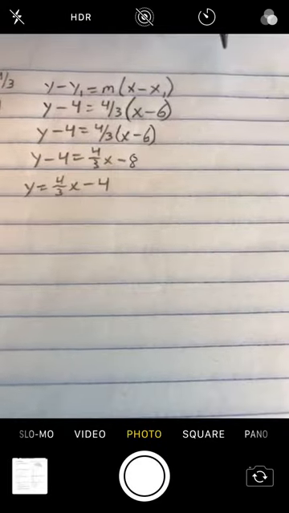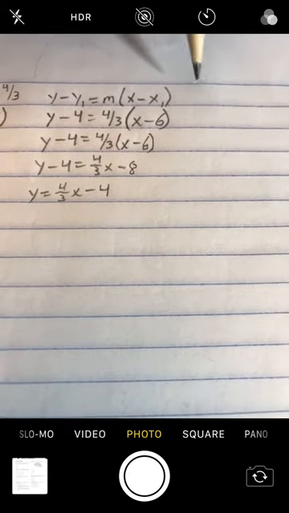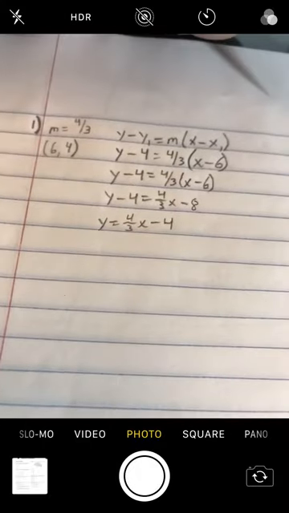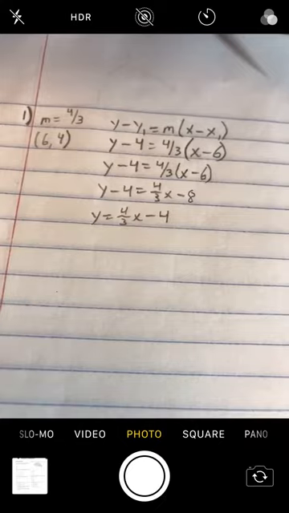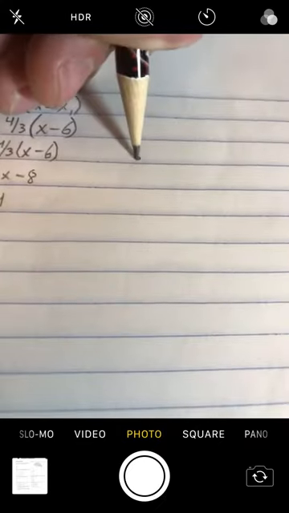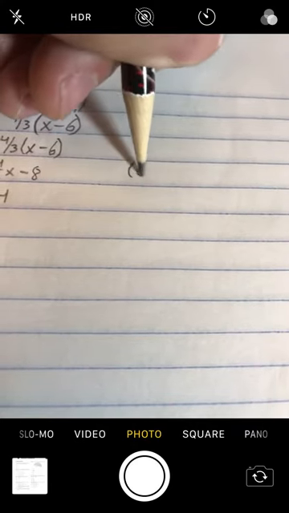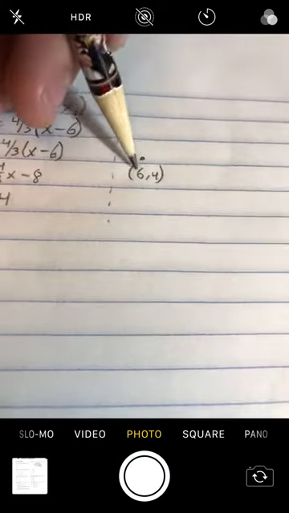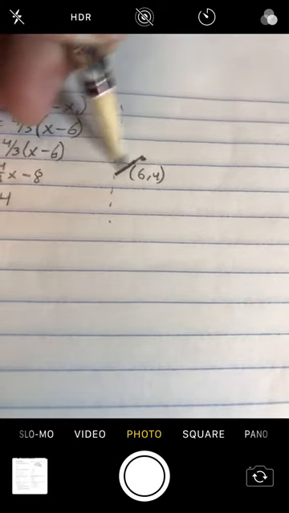Okay. Now, from this point, (6, 4), let me visualize this. So we're going to (6, 4), and the y-axis is about here.